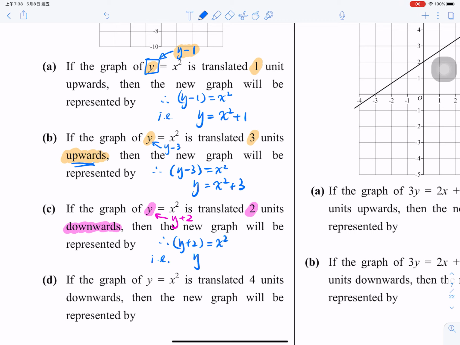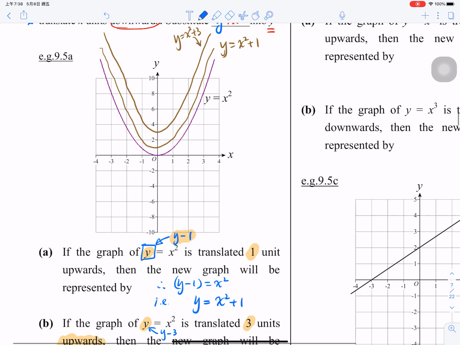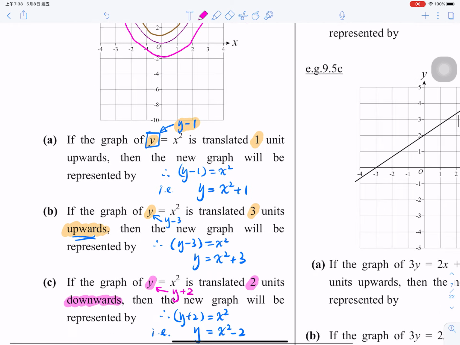As a result, that means y equals x squared minus 2. Right, x squared minus 2. So for the whole curve, I use this now, then it will become like this, right? y equals x squared minus 2, right?